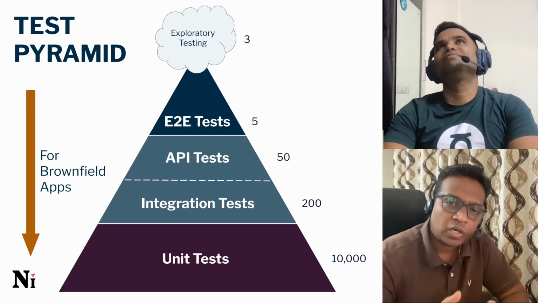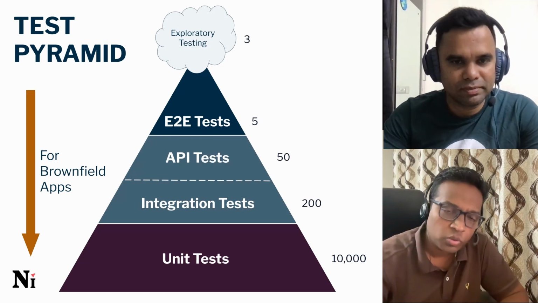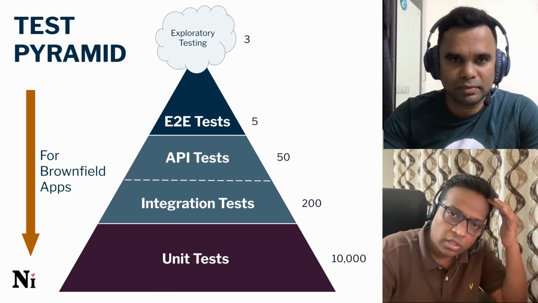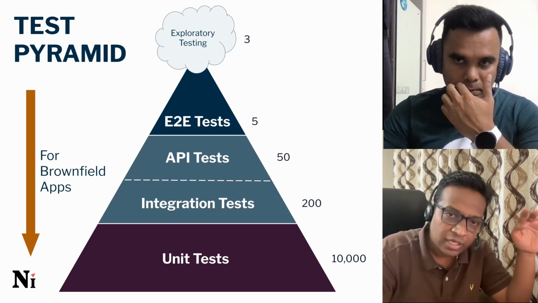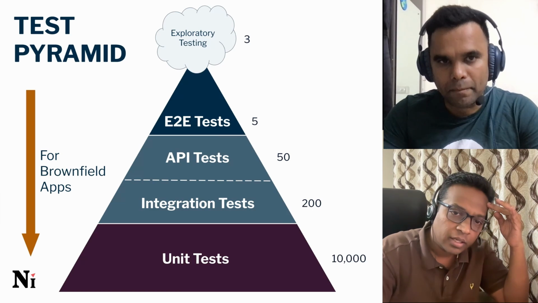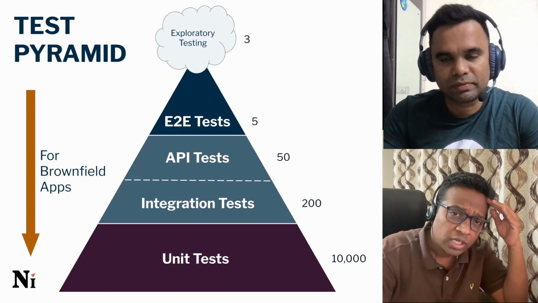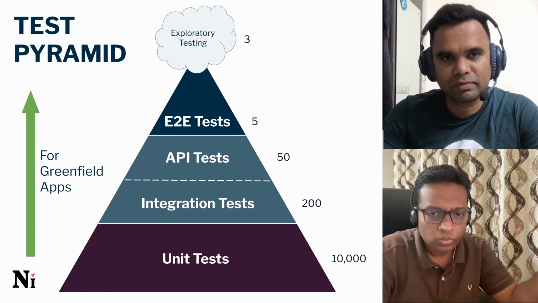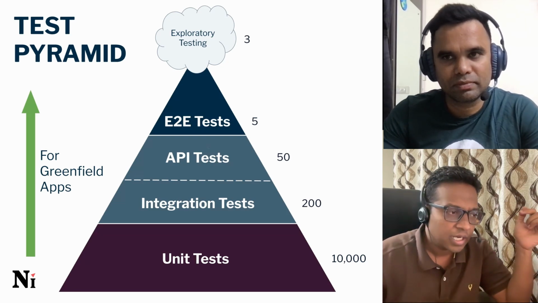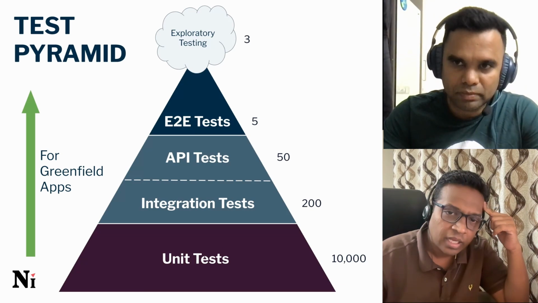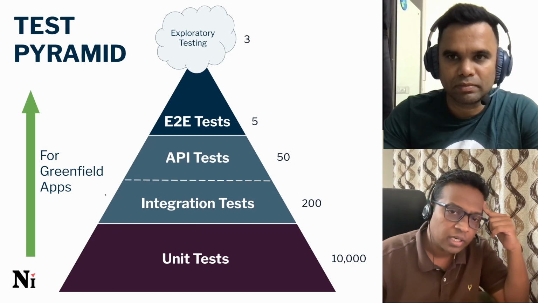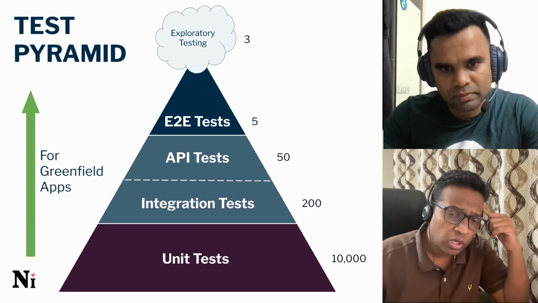And so in case of brownfield apps, the best way to approach it is from top to bottom. You still have to make sure that the number of tests that you keep at the top is low, and slowly start to add more unit tests. And like you were describing, in case of greenfield apps, it is just the right thing to do to write unit tests right from the beginning, and write lots of them, and then slowly and steadily add a few of the integration tests and API tests, and so on, in small numbers over time.